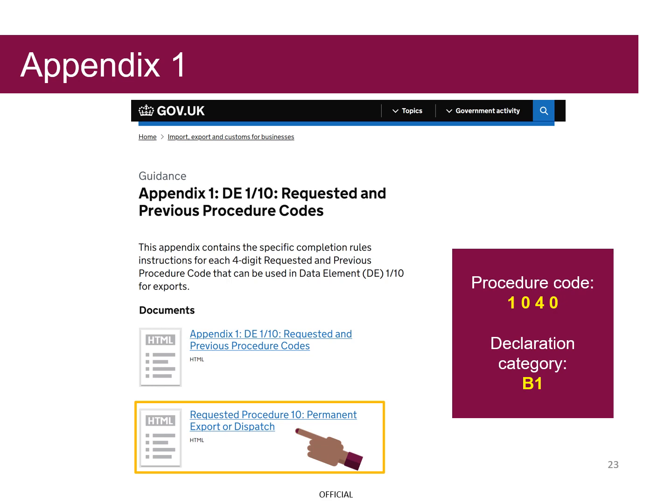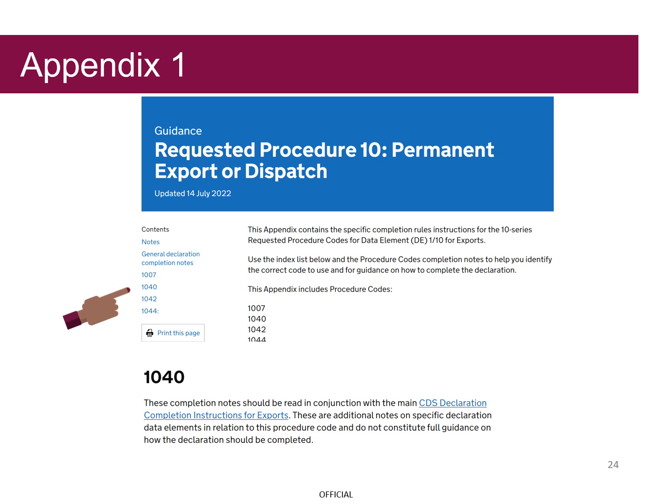Grayson now needs to validate that the identified procedure code of 1040 is still compatible with the declaration category B1. To do this, Grayson returns to Appendix 1 and selects Requested Procedure 10, Permanent Export or Dispatch. Grayson is then taken to the Requested Procedure 10, Permanent Export or Dispatch guidance page.